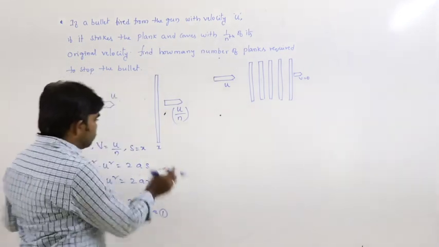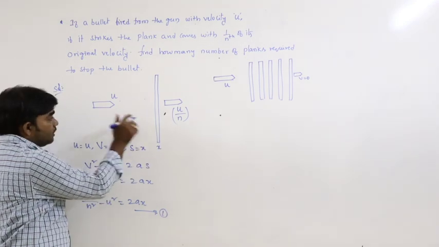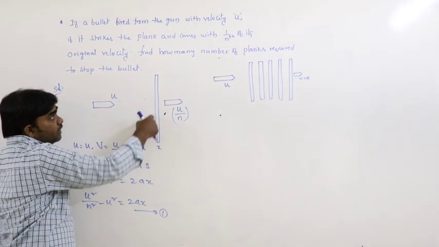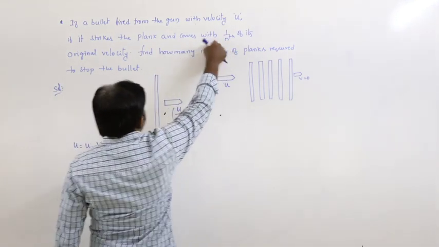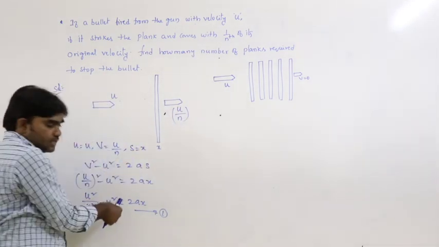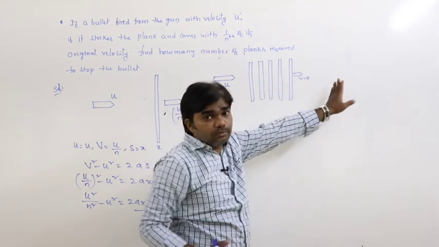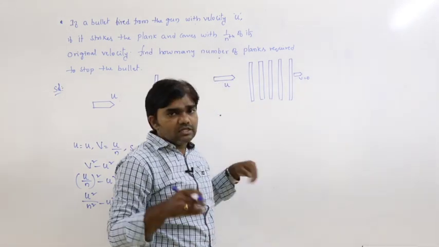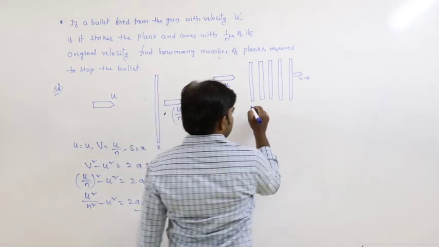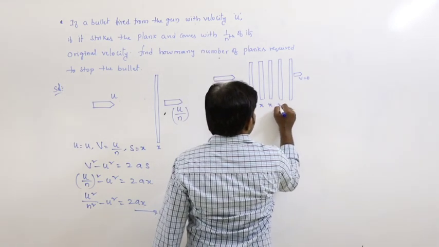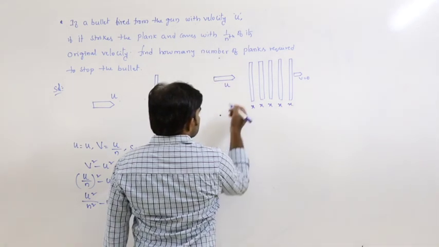Got it? First we calculated for the first plank. After striking the first plank, the velocity is 1 by nth of its original velocity. That is the first case. The second case is how many planks are required to stop the bullet. For example, consider some m planks, each of width x.